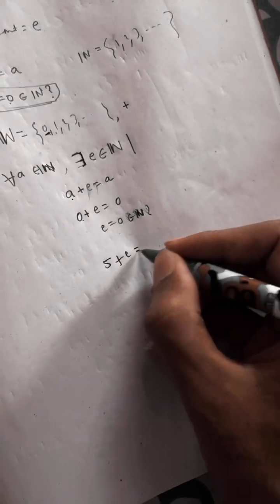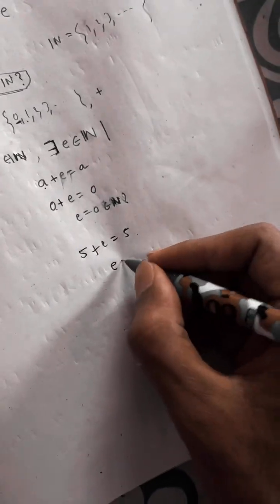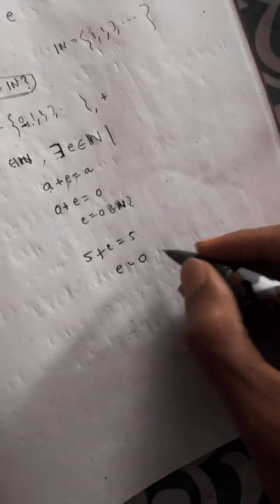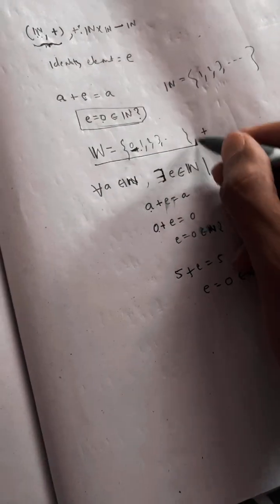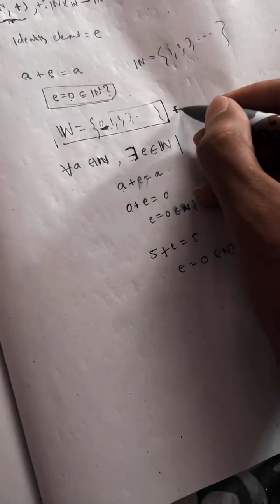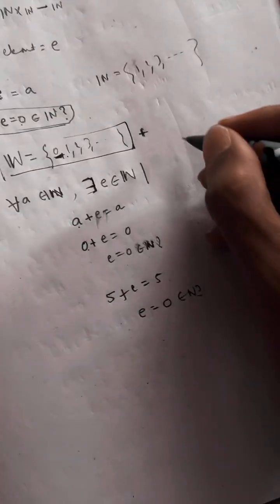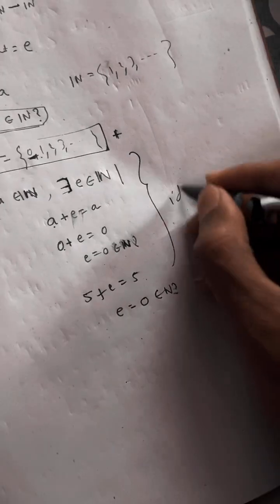So 5 plus E must be 5. What should be the value of E? It should be 0. And 0 belongs to whole numbers? Yes, of course. It means the set of whole numbers with the operation addition satisfies this identity property. It's called the identity property.